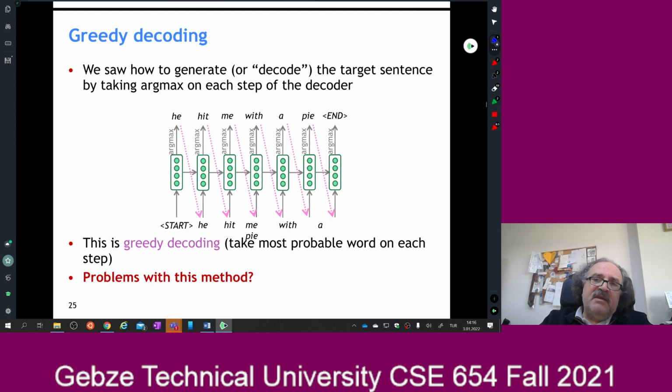Let's say he has the highest probability. The next probability is for she, maybe. She has a slightly lower probability, but if I choose she instead of he, maybe the next one will be a higher probability verb. I don't know. That's why it is called greedy decoding, and we don't like it, but it's a good one.